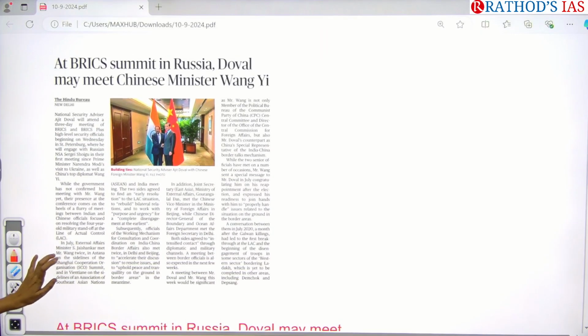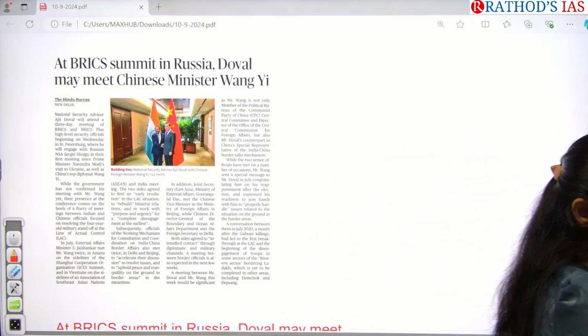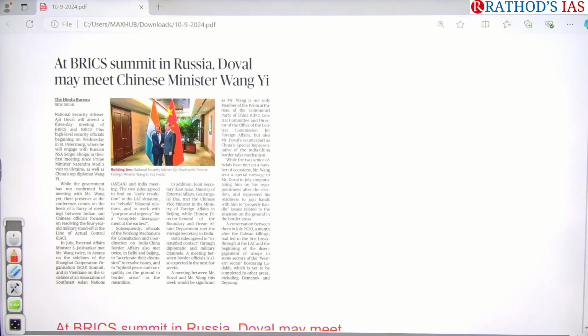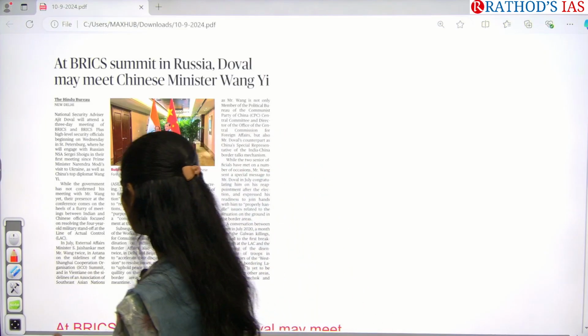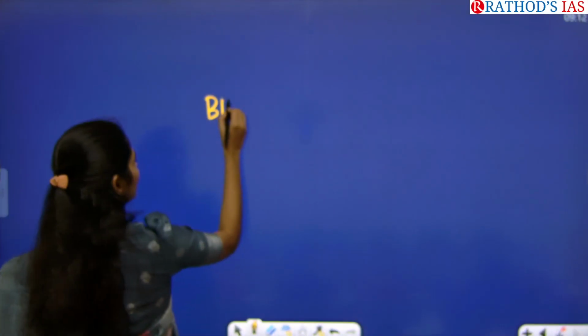And say this article: at BRICS summit in Russia, Doval may meet Chinese Minister Wang Yi. Okay, so what is this article about? BRICS summit. Yes. So what is the thing that you have to focus on? BRICS summit.